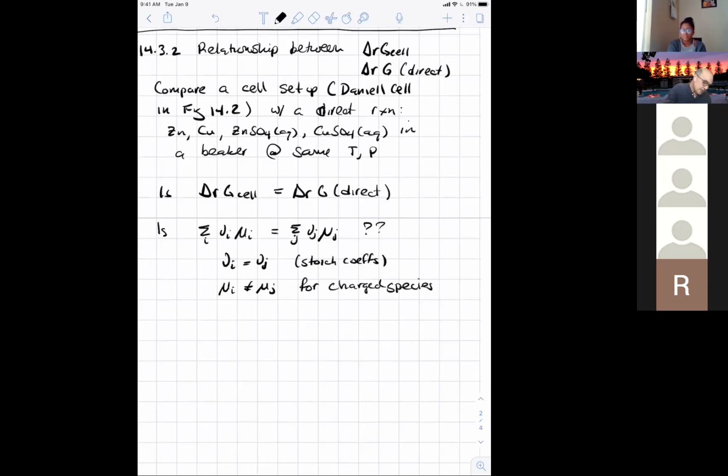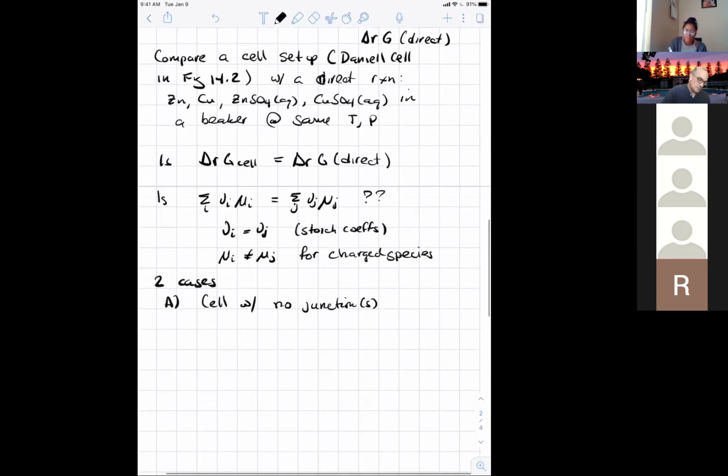So let's think about two cases. The first case, we're going to think about a cell with no junction, or no junctions. The schematic for this would be like figure 14.1, right?